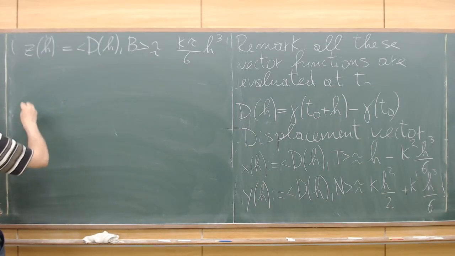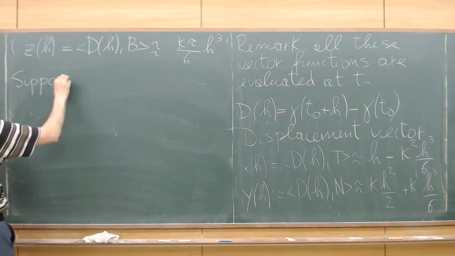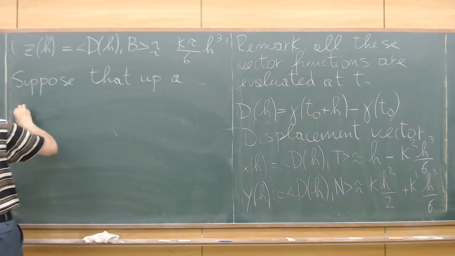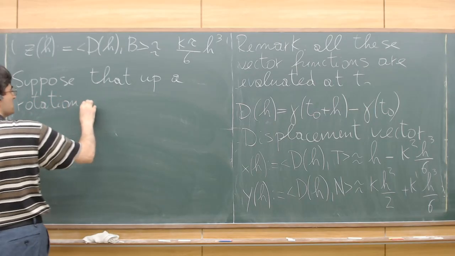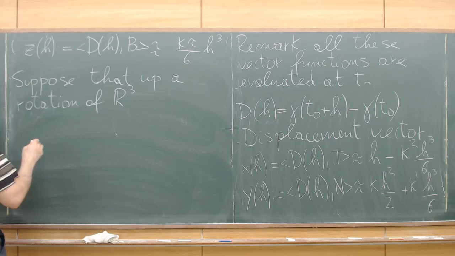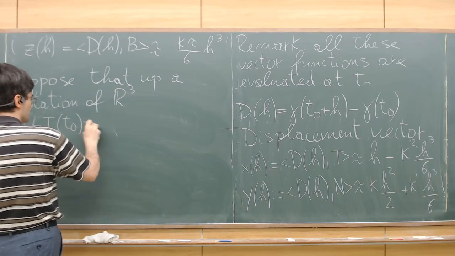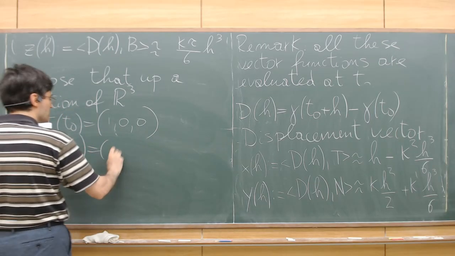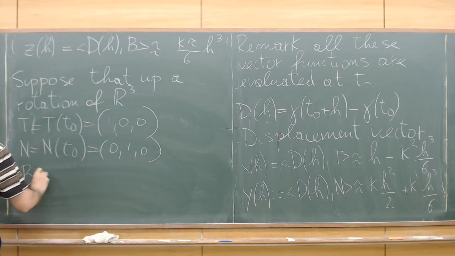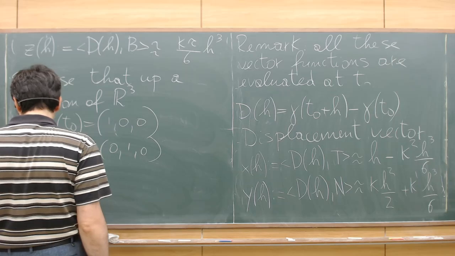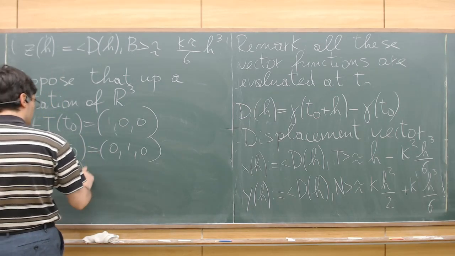Okay, now suppose that, up to a rotation of R3, T of t0 is the vector 1 0 0, N of t0 is 0 1 0, and B of t0 is 0 0 1.